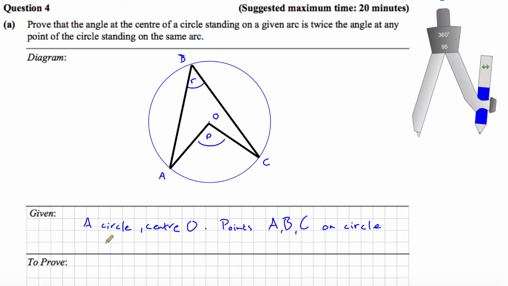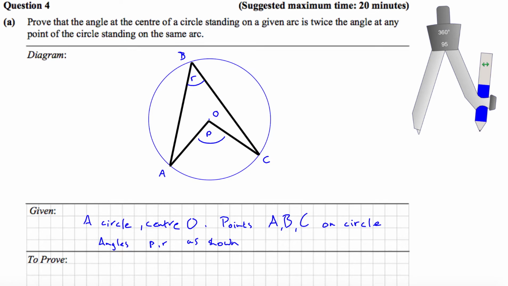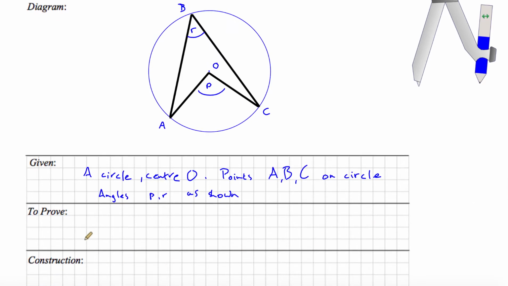And we're also given the angles P and R as shown. Okay, so what are we asked to prove? We have to prove that the angle P is equal to twice the angle R.